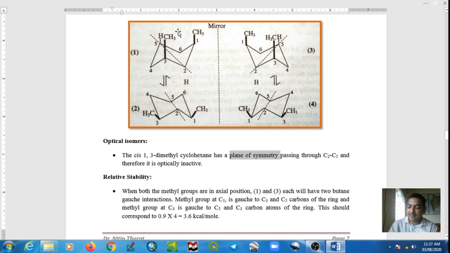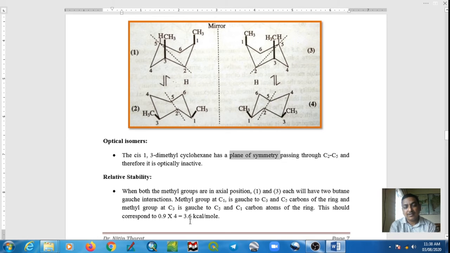That's why these 2 methyl groups show 4 gauche butane interaction or 1,3-diaxial interaction. As we know that one axial methyl group shows 1,3-diaxial interaction with C3 and C5 carbon. Similarly, 2 methyl groups show 4 1,3-diaxial interactions. That's why the total energy of this axial dimethyl is 0.9 into 4, that is 3.6 kilocalorie per mole.